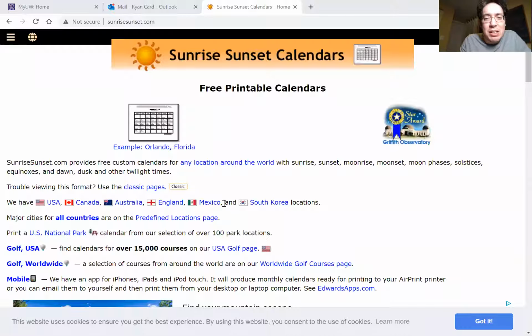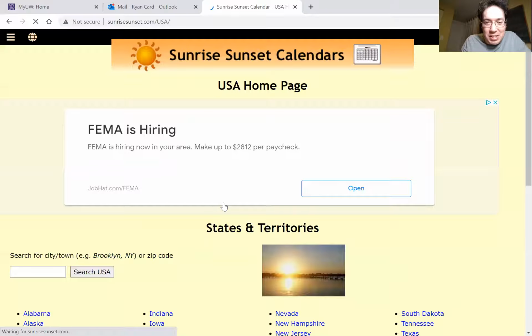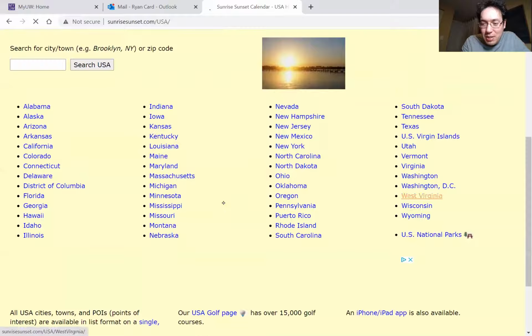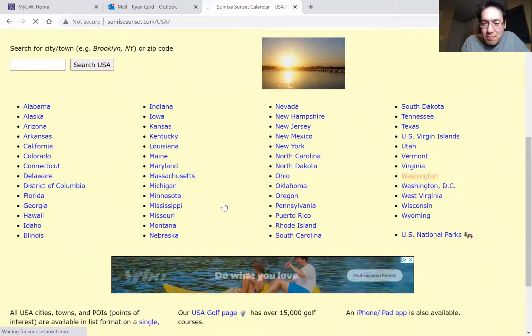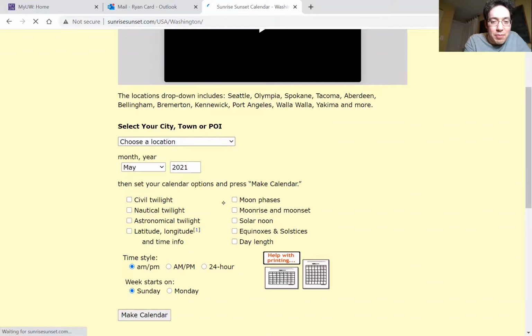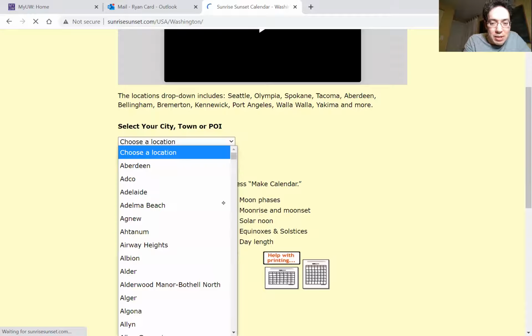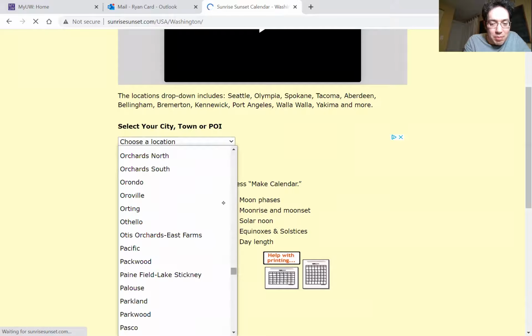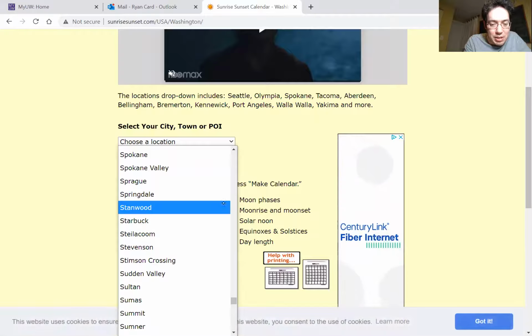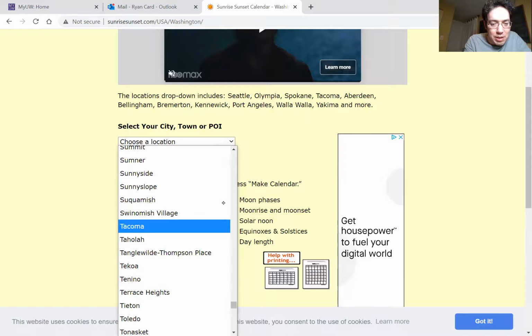Okay, so this is sunrisesunset.com. Let's look at what it is in Tacoma today. So, USA, and we are in Washington. And let's look at Tacoma. But if you have your own hometown that you want to check out, you could do that as well. So Tacoma here.